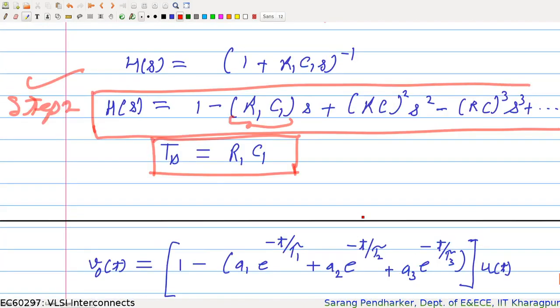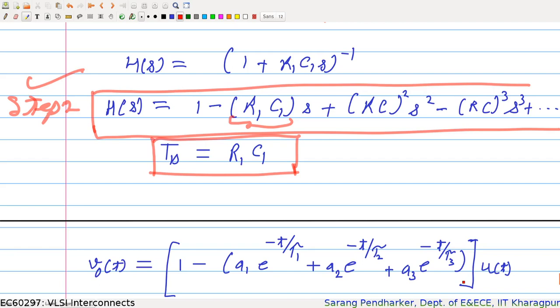Let us suppose that my output voltage V out of t is given by this expression. So now I don't have a circuit, but I have an expression for my output voltage. So my expression is 1 minus these three exponents. Note that this is quite similar to the final solution which we had got for the diffusion equation.